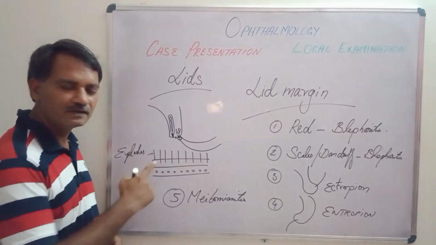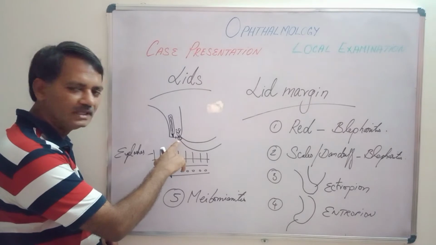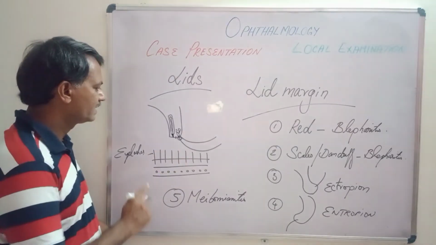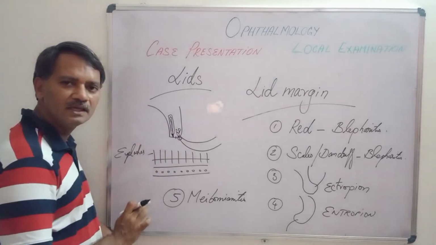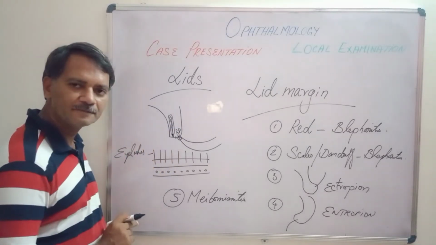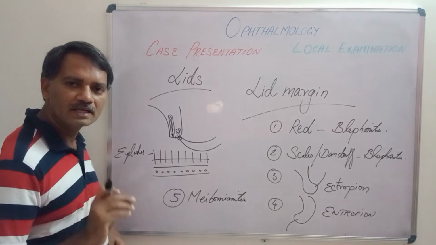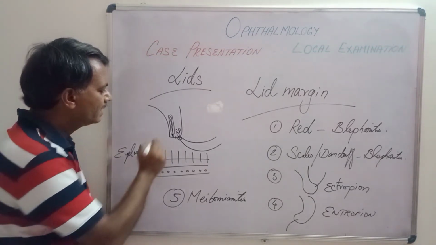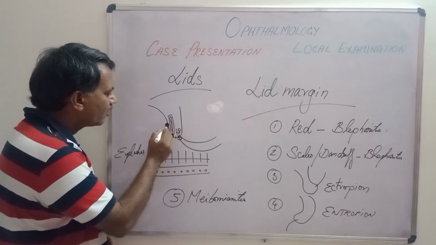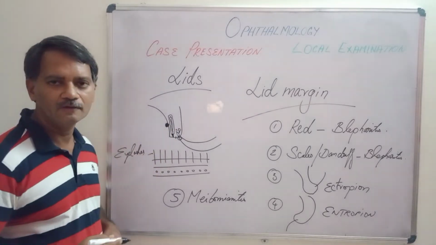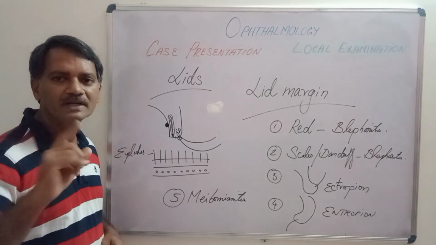The pus point will be there at the root of the eyelashes. If there is acute suppurative inflammation of the meibomian gland, that is called hordeolum internum, that will present with the pus pointing on the palpebral conjunctiva opposite to the inflamed gland.